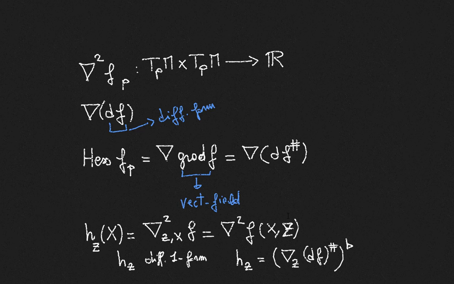So we raise the index, we get the gradient, we apply the covariant derivative along the field, we get another vector field, we lower the index and we get a form, which is the Hessian with one variable fixed. So everything is related through the metric, so you can just choose the definition you want and remember that you can pass from one to the other by raising or lowering indices.